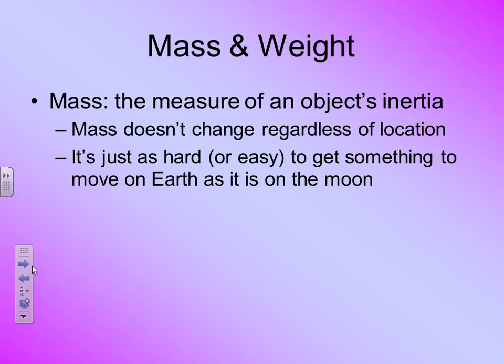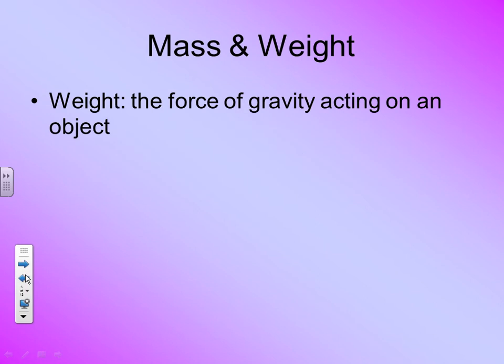Okay? Because the weight of an object will change. By definition, the weight is the force of gravity that is acting on an object. You weigh less on the moon than you do here on Earth.